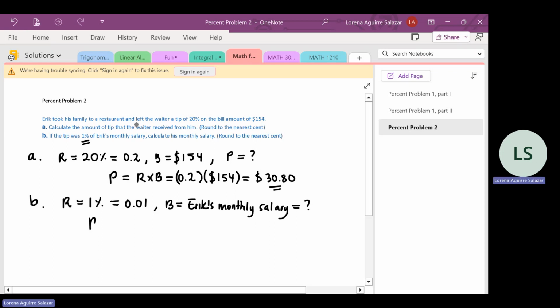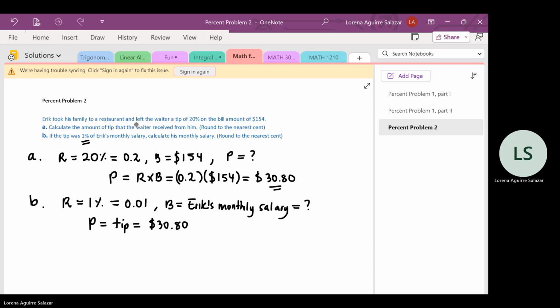So the portion here is the tip. That tip was $30.80. So in part B, we have R, we have P, which is a portion of the whole, the portion of Eric's monthly salary, and we need to find Eric's salary.